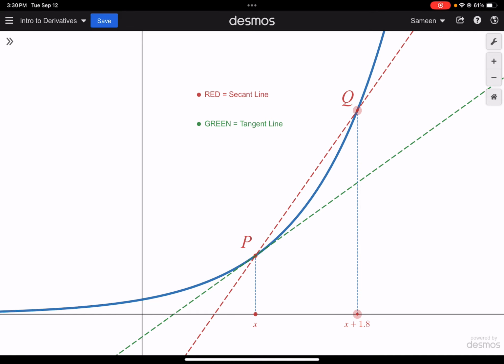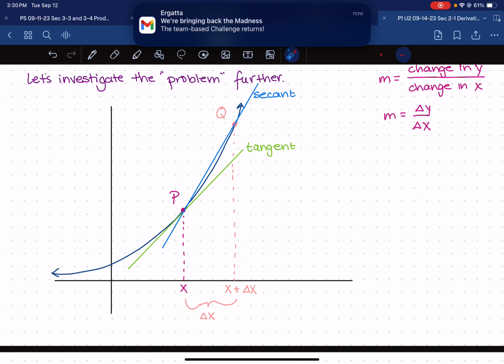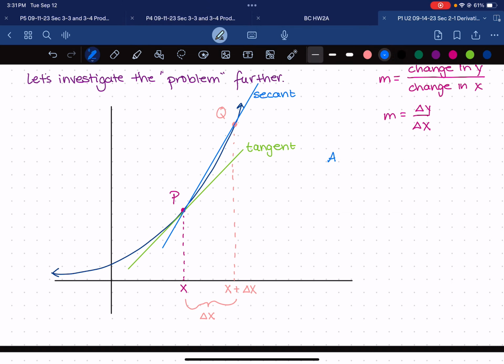I'm going to go ahead and go back to our notes now. Let's write this down. So as Q approaches P, the secant line approaches the tangent line.